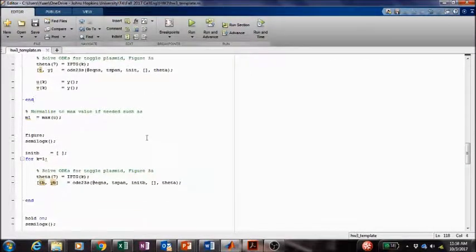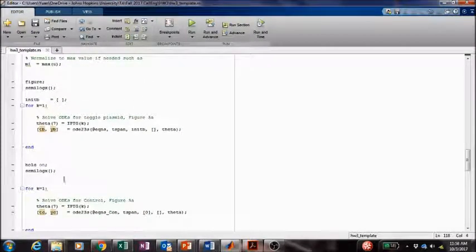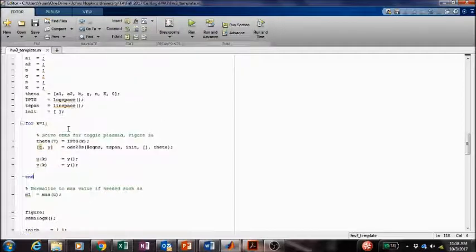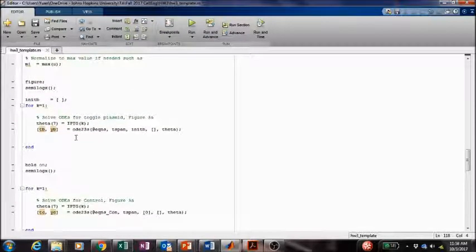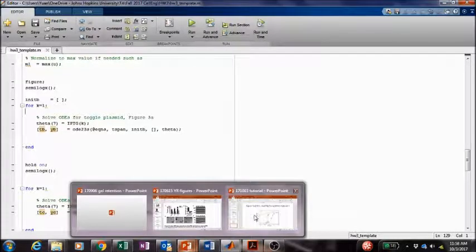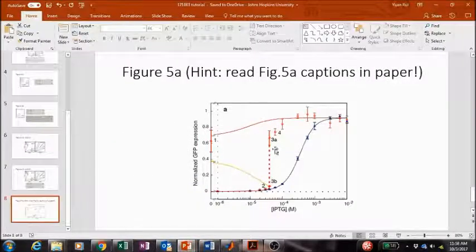Okay, so the second part is basically repeating exactly what you did up here. So most of this stuff is the same, but the main thing that you need to note is you need to change the initial conditions. Remember how when we were talking about the graph, we said that these two red curves are both the toggle switch plasmids, so they're both governed by the same set of equations.